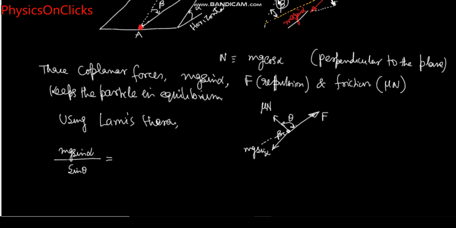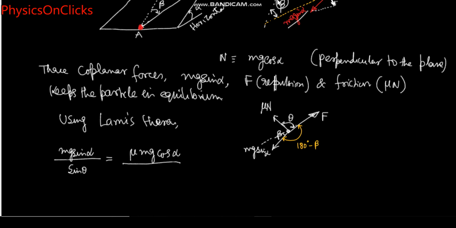And then the other force, the force of friction, which is mu times mg cos alpha, divided by the sine of the angle between the other two. This is the angle between mg sine alpha and F, which is 180 degrees minus beta.